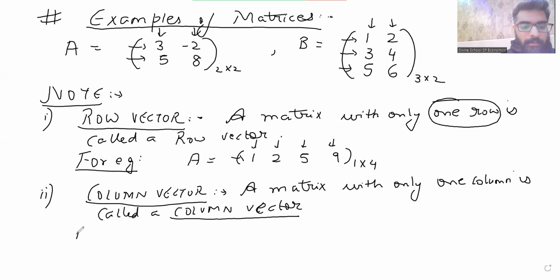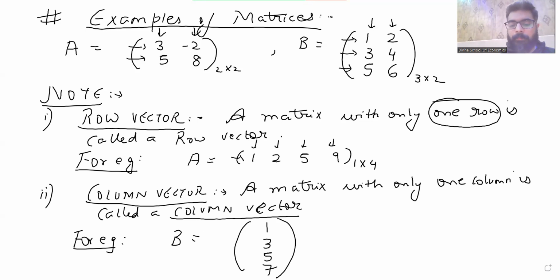For example, let's talk about a matrix B, which is 1, 3, 5, 7. It's a matrix consisting of all odd natural numbers between 1 and 7, including 1 and 7. The order of this matrix: it has only one column, but it has 4 rows. It's a 4 cross 1 matrix.